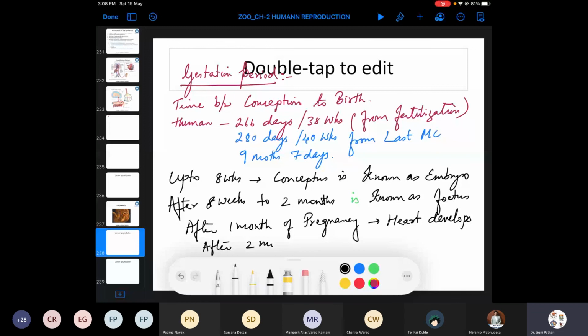After 2 months, limbs and digits. The development in which month is important for the heart. Please make a note. Previous year questions. Please write down this.